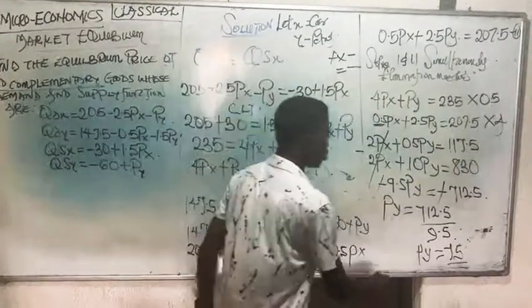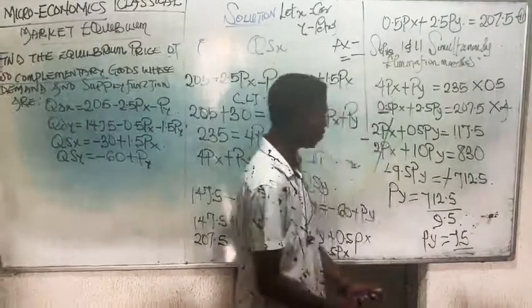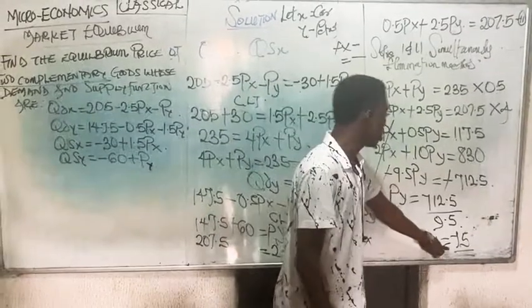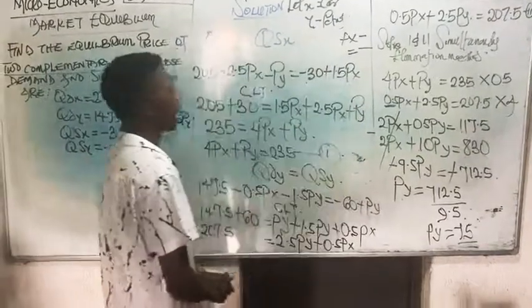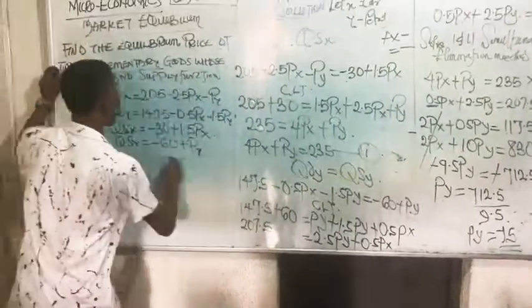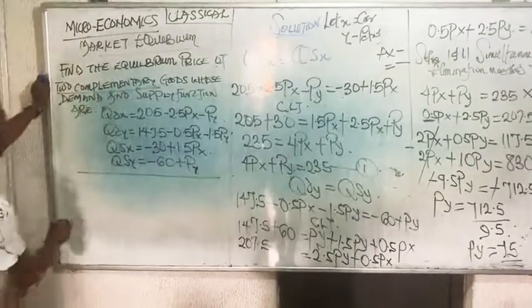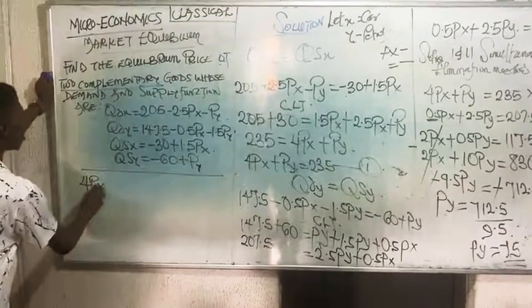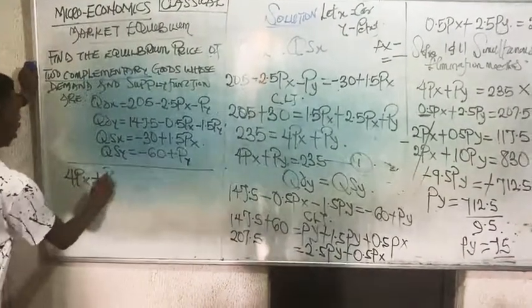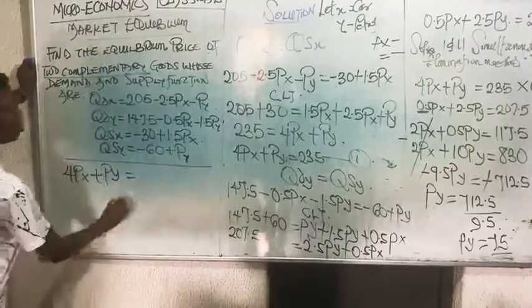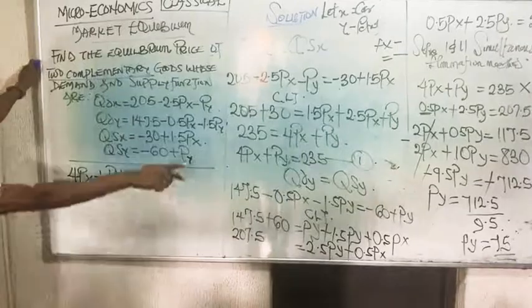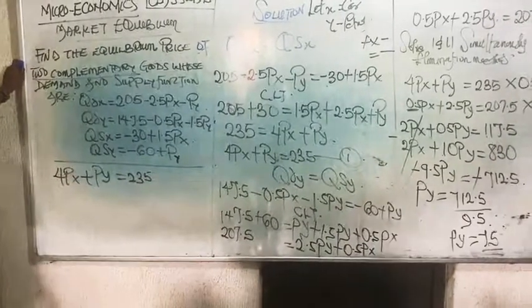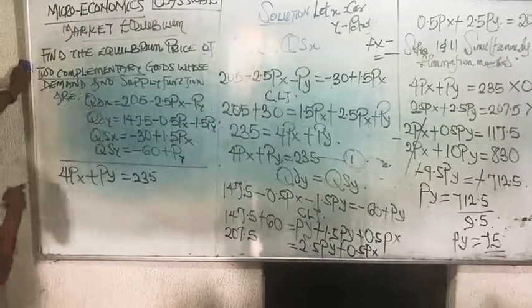Now the next thing to do is to substitute the value of Py into any of the equations. Let us use the first equation: 4Px + Py = 235.